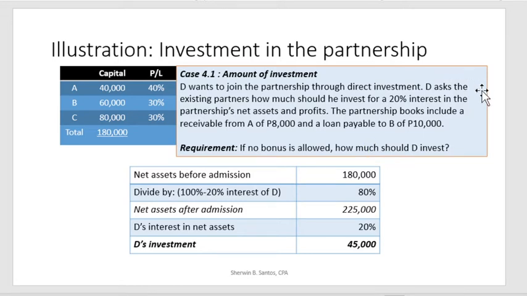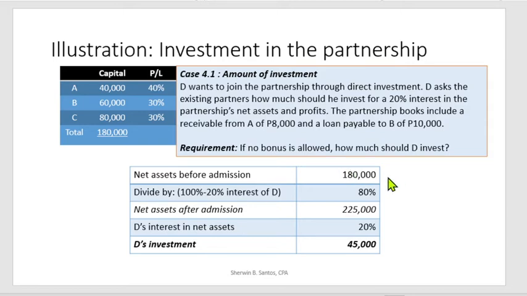D wants to join, so gusto niya daw sumali dun sa partnership through investment. So, investment in partnership ito, hindi purchase of interest. So, D asks the existing partners how much should they invest. So, gusto niya 20% interest in the partnership net assets. Okay, so binigyan ka ng details related to receivable and payable account. So, same steps na with what we have done on the previous illustrations.